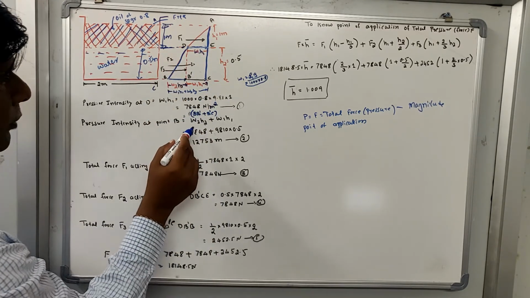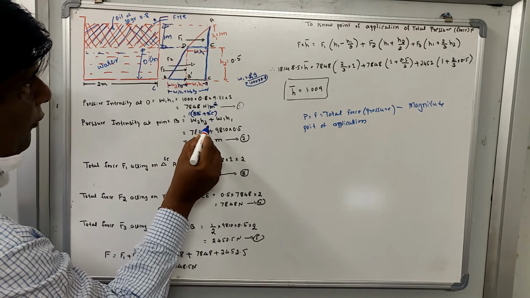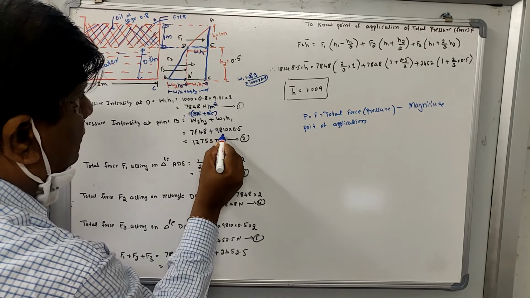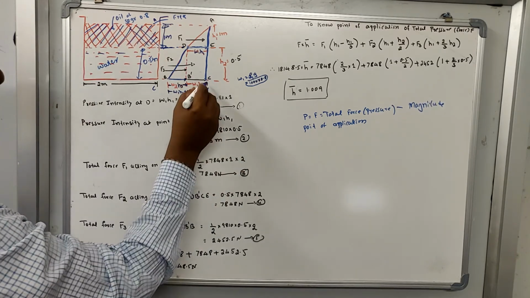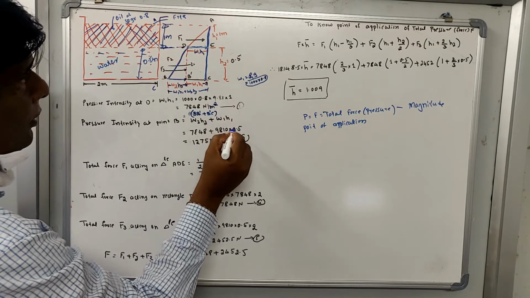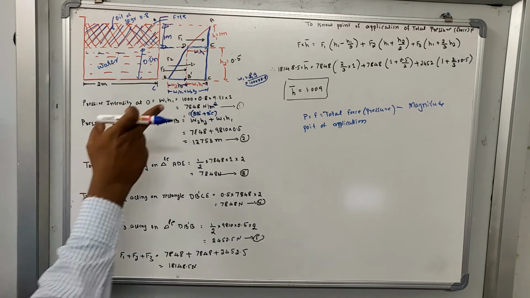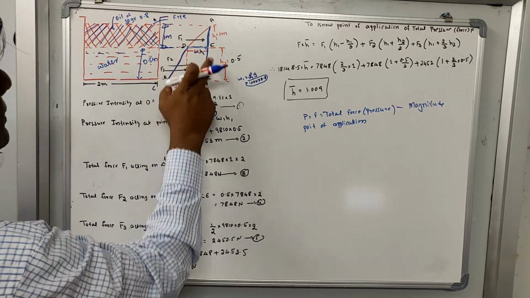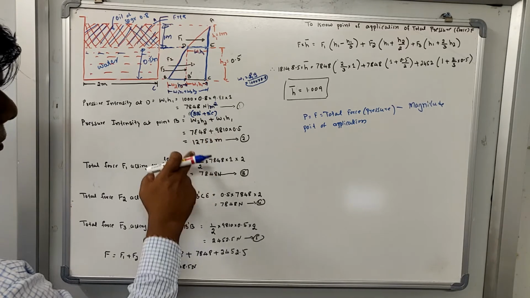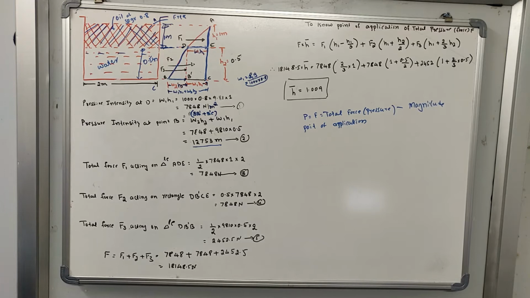So W2H2, that is 9810 multiplied by 0.5, plus W1H1, which is already calculated as 7848, and this is 12,753.